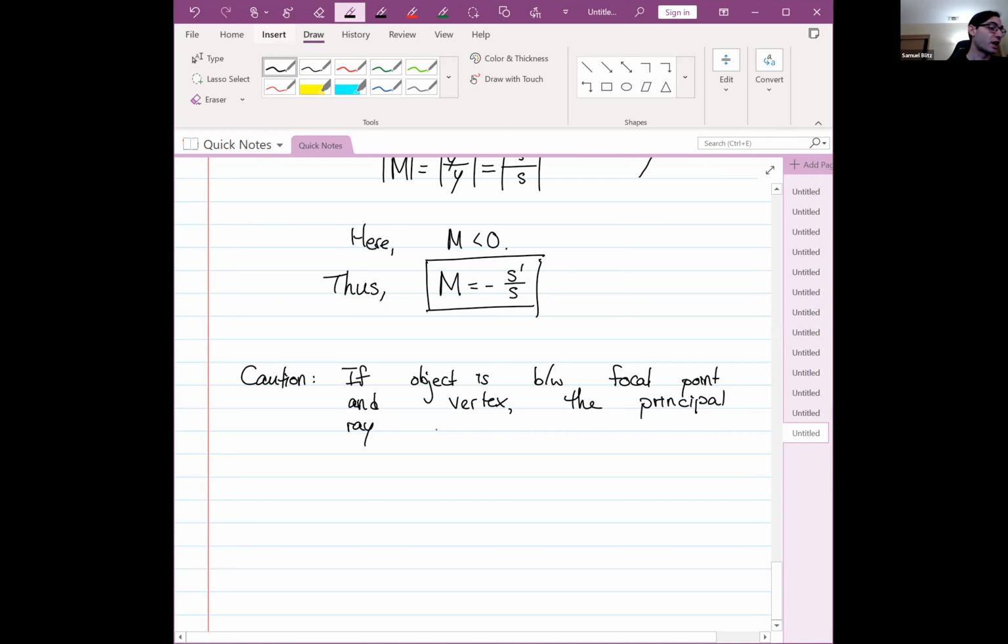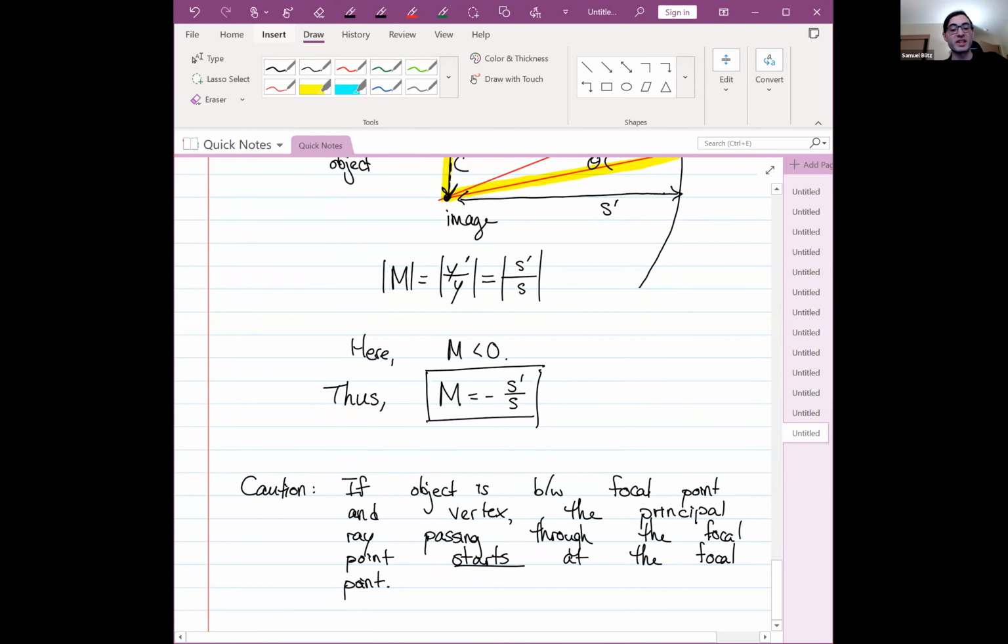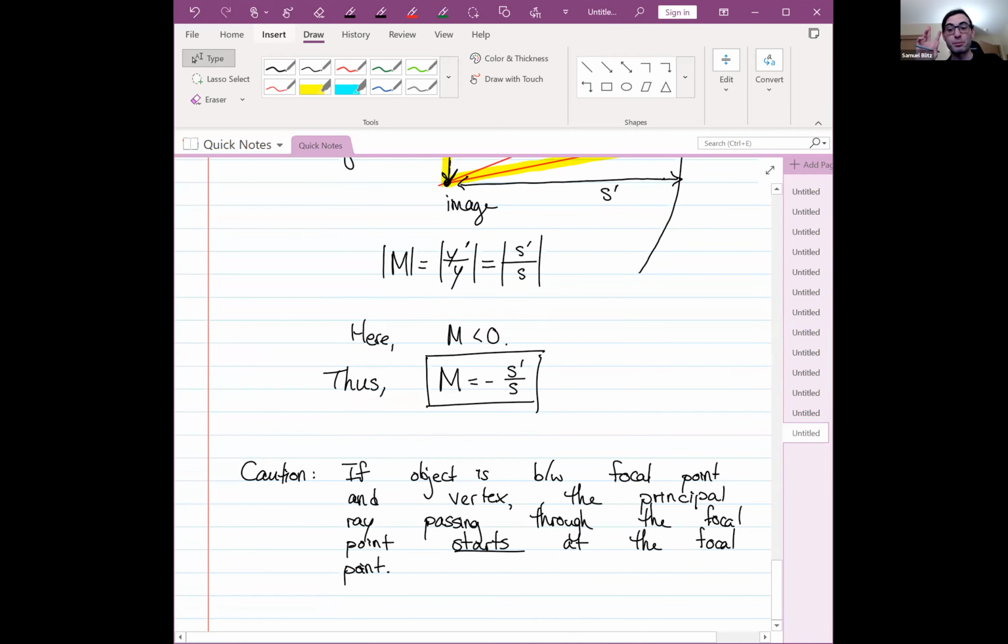It doesn't start on the object. I'm going to draw a picture to describe this. It starts at the focal point and passes through the object. And the same thing is true for the center point. If your object is closer to the mirror than the center point is, then the line that would pass through the center point actually starts at the center point and goes through your object.